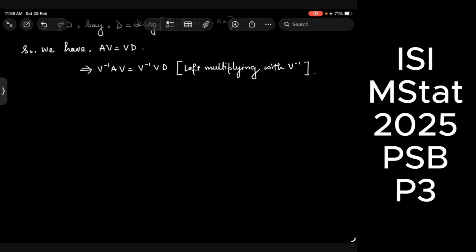So D equal to V inverse A V, as V inverse V equal to I n, correct?